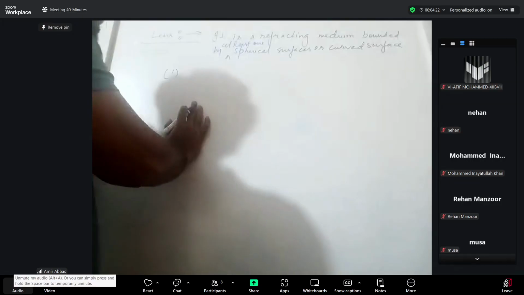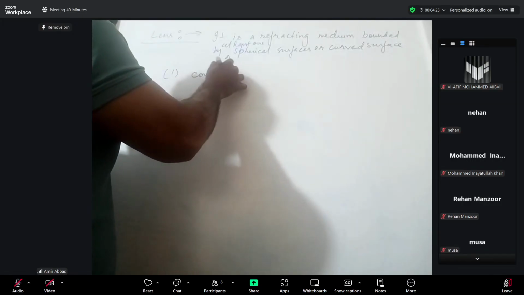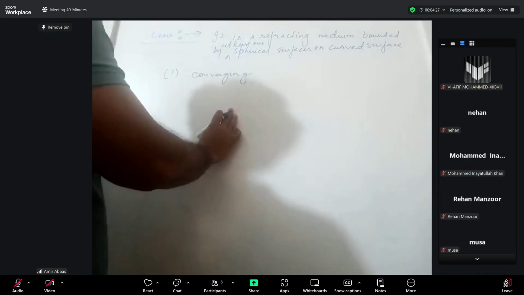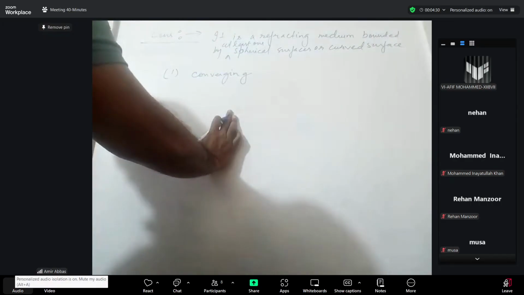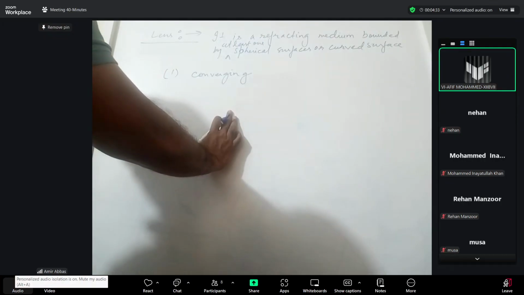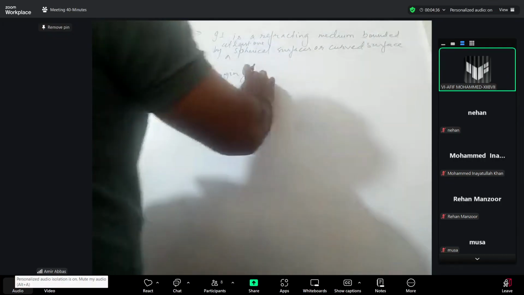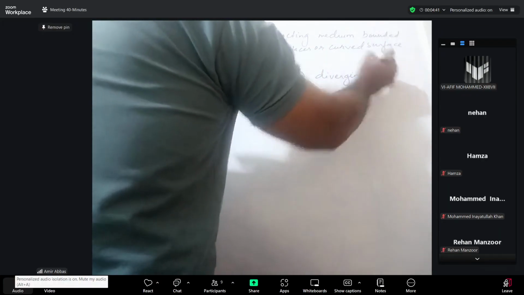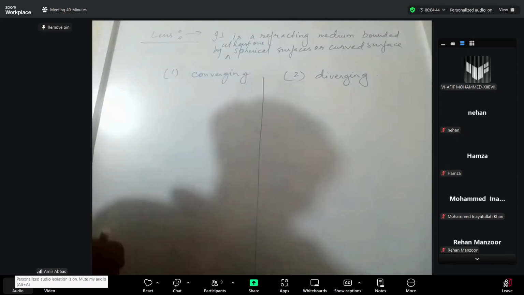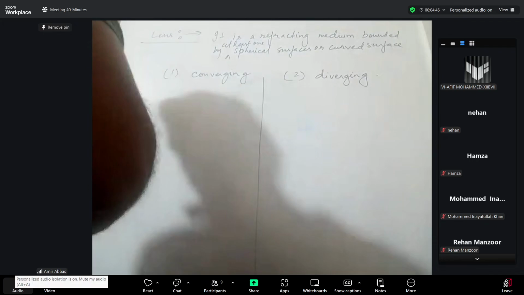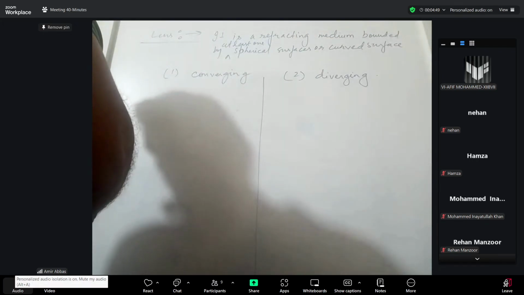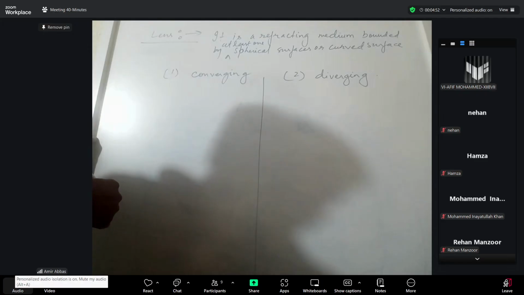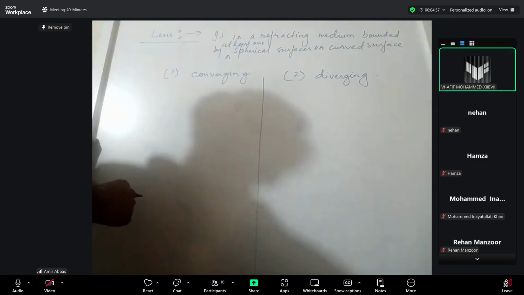First is converging, and second is diverging. These are the two categories. So what are converging lenses? They bend the light towards the principal axis after refraction.